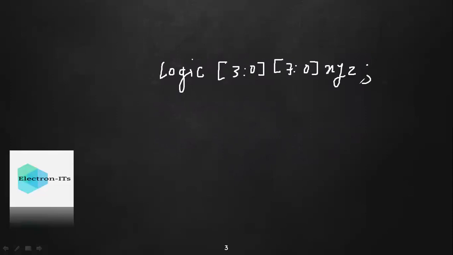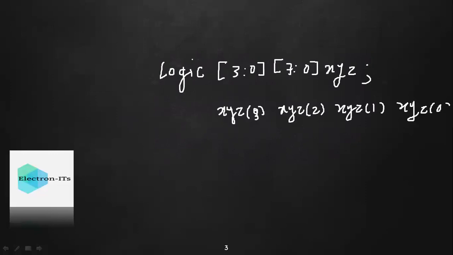Now how to represent it? Here we have xyz of 3, xyz of 2, xyz of 1, and xyz of 0.